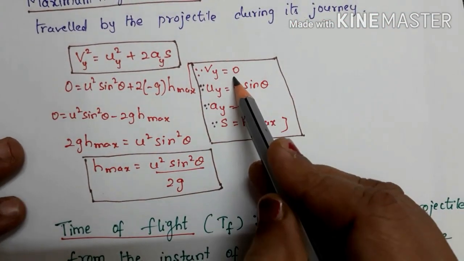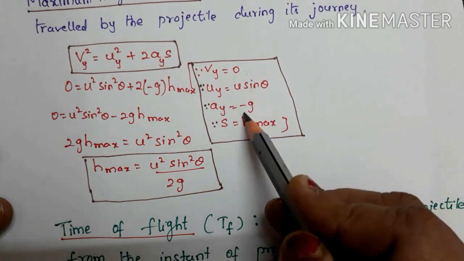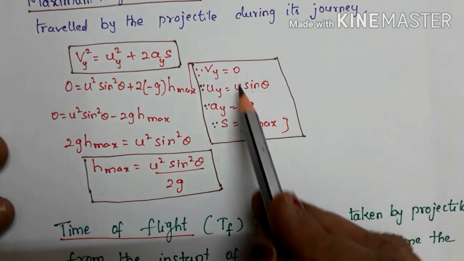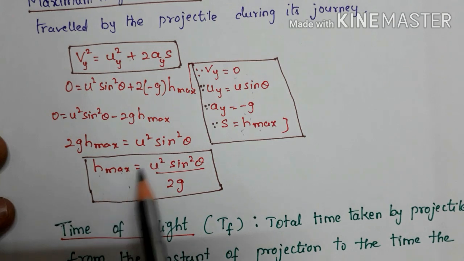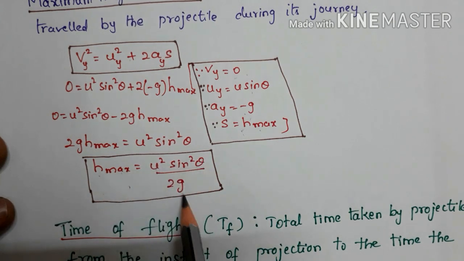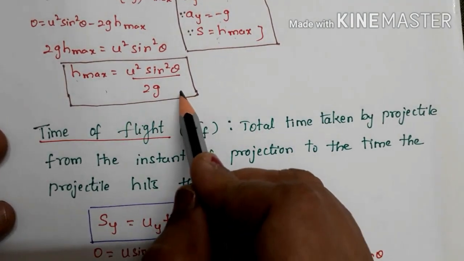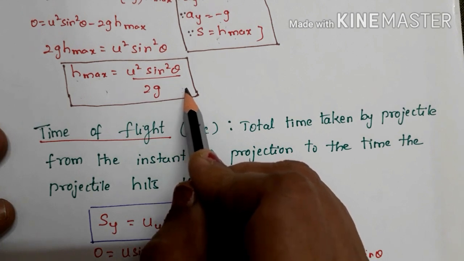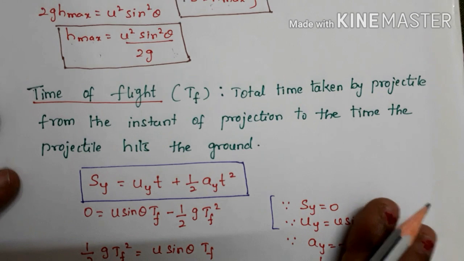Substitute vy is equal to 0, uy is equal to u sin theta, ay is equal to minus g, and s is equal to h, the maximum height. You will get h maximum is equal to u square sin square theta by 2g, right? The simplification will be very easy. This formula you have to memorize. It might be a 2-mark problem, and using this formula you might have to work out a problem.